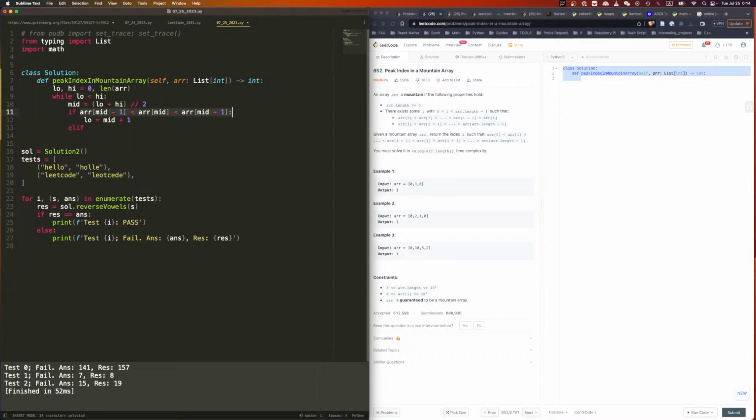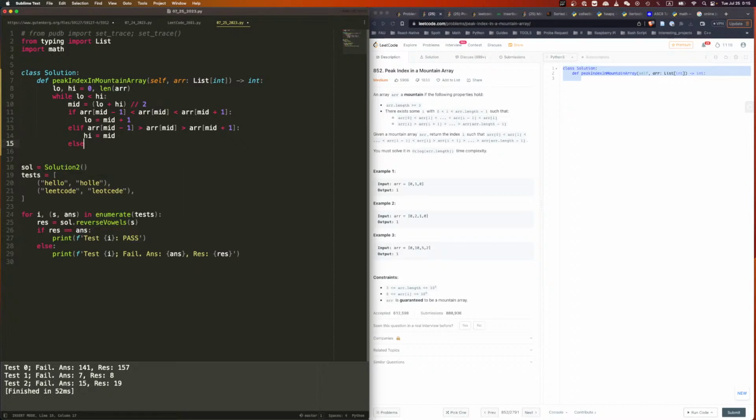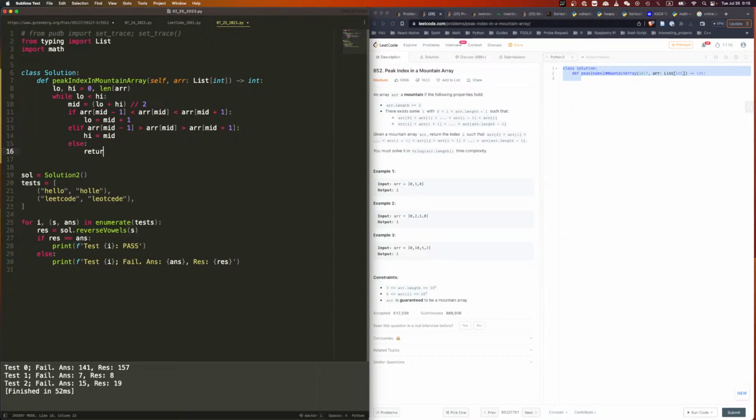Elif this is larger than this, larger than this, then high shall equal to mid. Else, well, then we can just return mid.